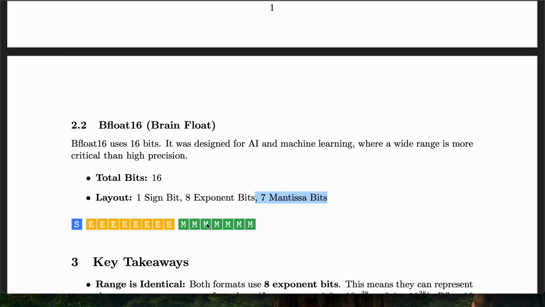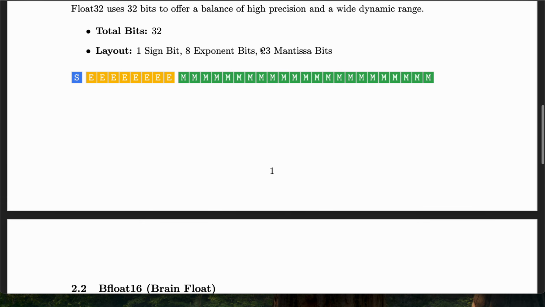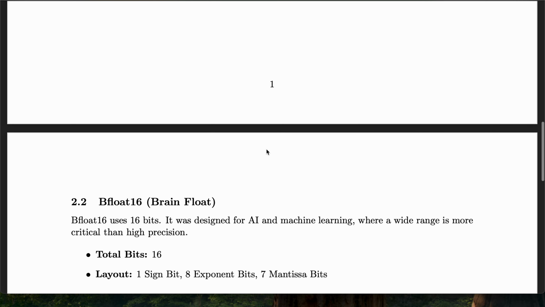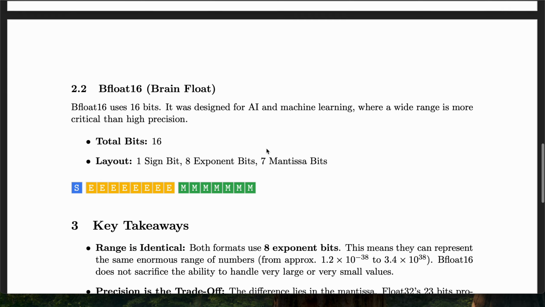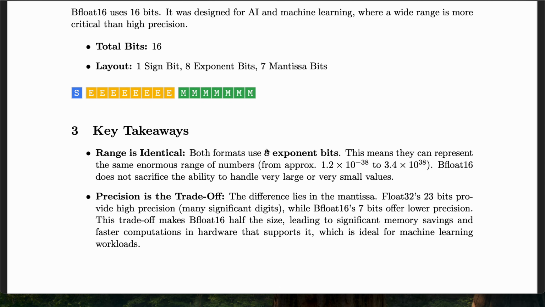As you can see, 1, 2, 3, 4, 5, 6, 7. Compared to the float32, which has 23. So this means the Bfloat16 is not as precise. But for our calculations, it turns out that when you use Bfloat16, you get a significant amount of speed during training, and you lose only very little data in the precision trade-off, okay?